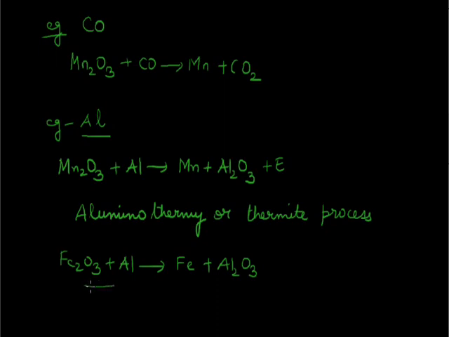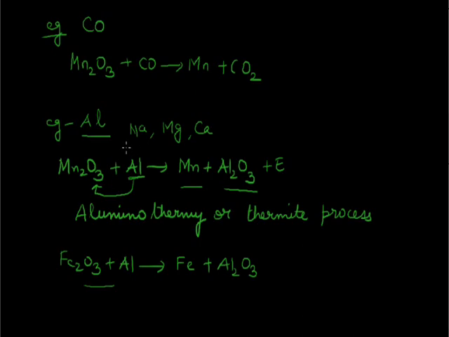Now there are a number of reasons for using aluminium. Basically here aluminium is acting as a reducing agent. Why? Because it has affinity towards oxygen. It can easily react with oxygen to form Al2O3 and the metal can be extracted out. So a question may arise that why only aluminium? There are other metals which are more reactive like magnesium, sodium, calcium. We can use them also as reducing agent, right?